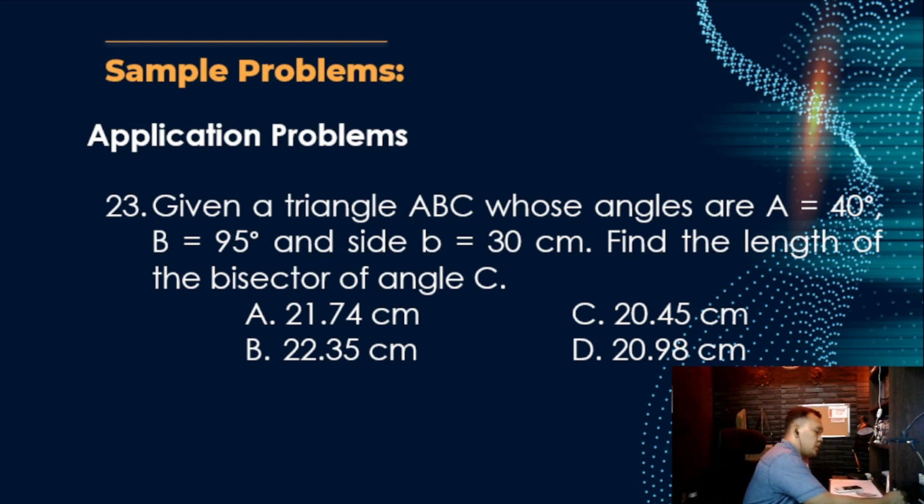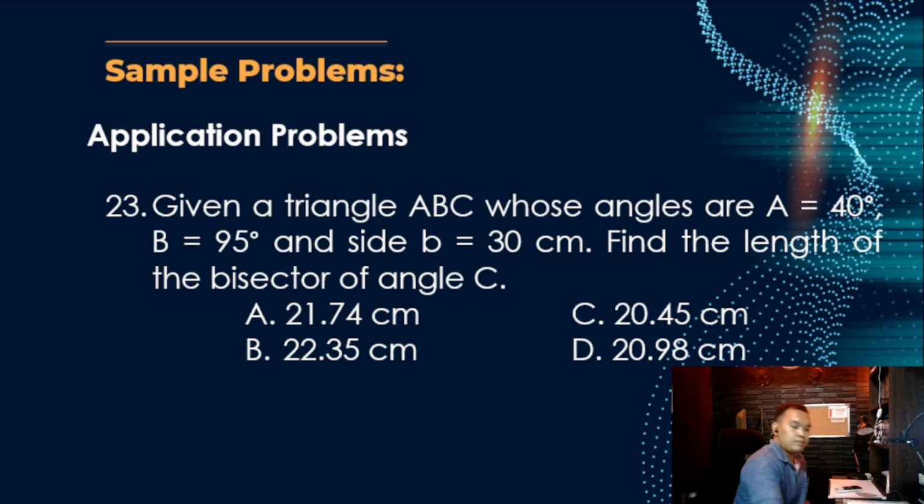So, number 23. So, we have here triangle ABC. Angle B is equivalent to 95 degrees.